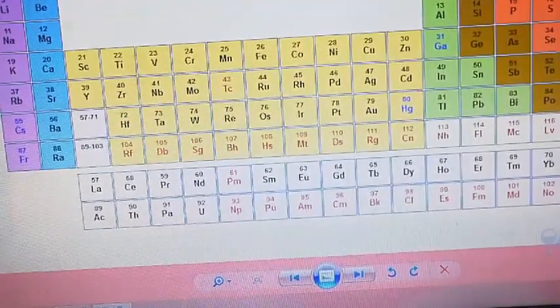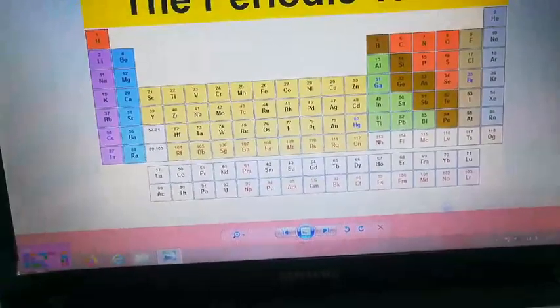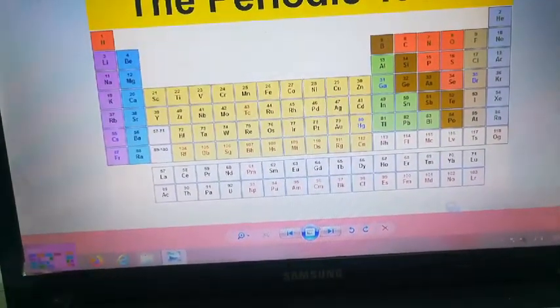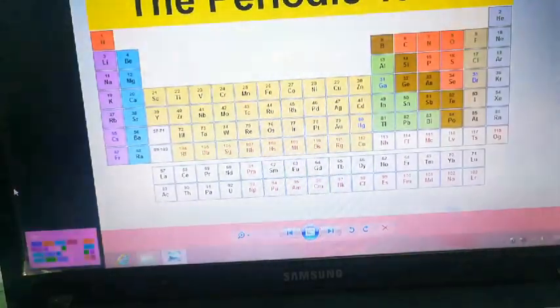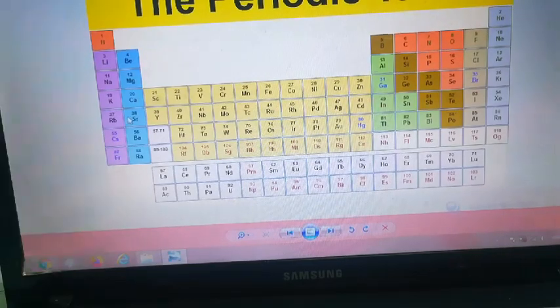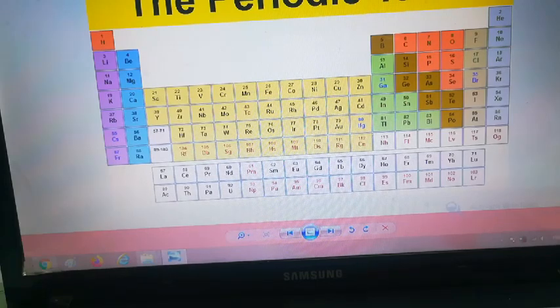What is the benefit of all of this? The number of electrons in the outer shell tells us the valency of this element. What is the meaning of valency? Valency means the number of electrons that may be gained or lost.